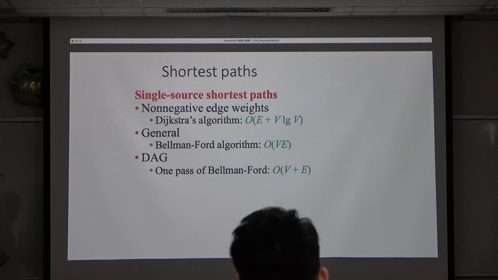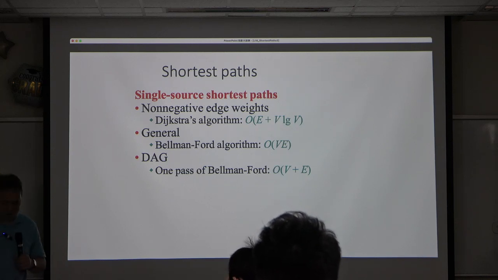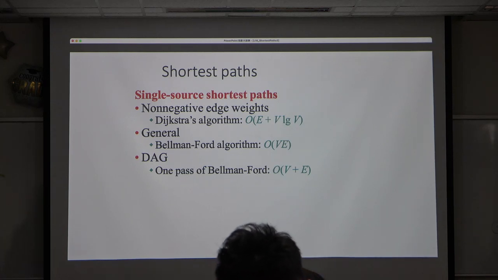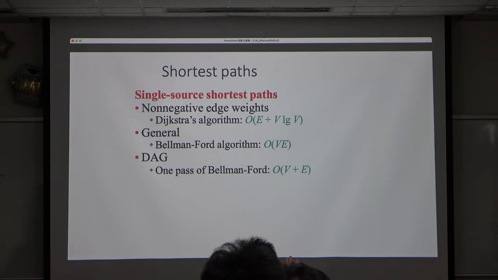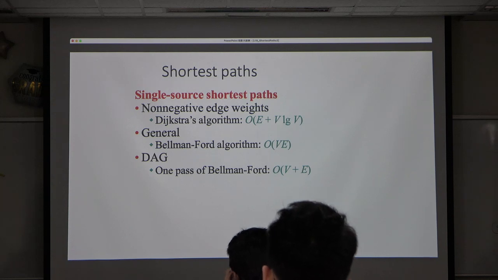V plus E is much lower in order compared with all the others. But all these algorithms help you find the shortest paths from one single source to all the other nodes.